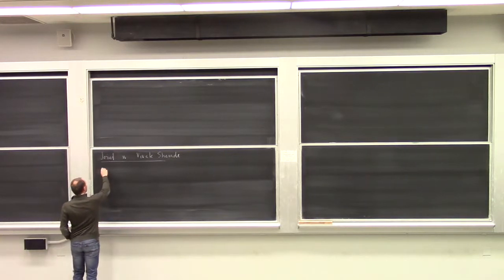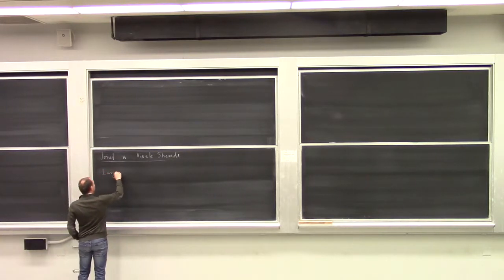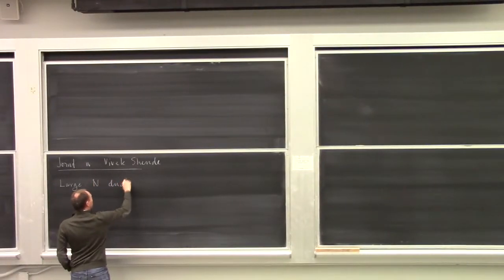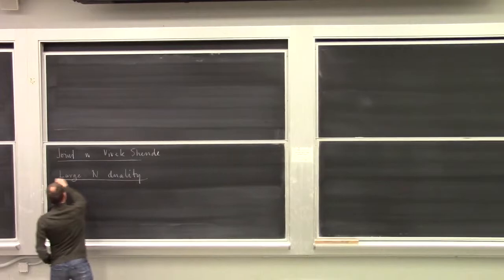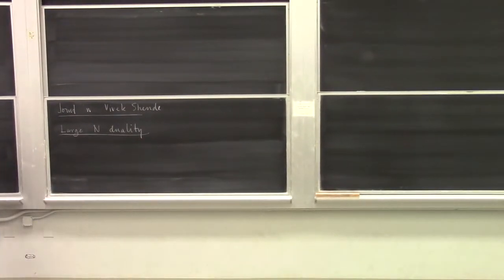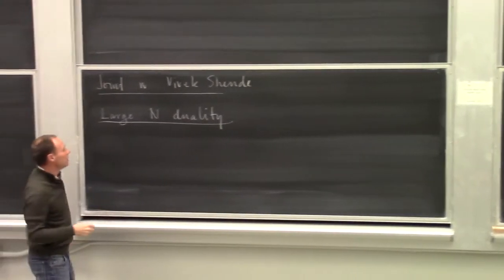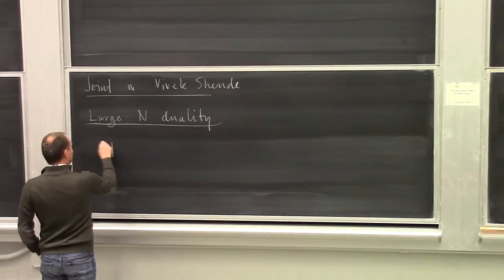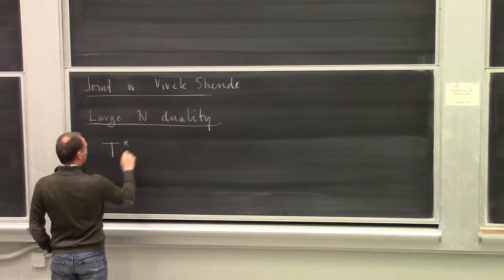So what is this large N duality? It's actually some kind of bigger principle, but for today, what it does is relate two holomorphic curve counts.